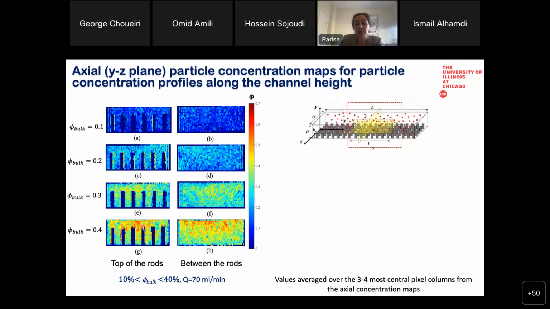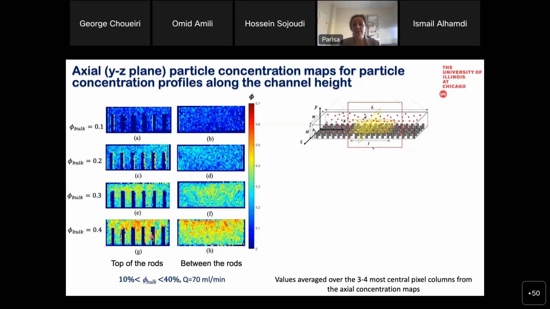It should be mentioned that when you have a smooth channel, other researchers have already shown that, due to the shear induced migration, all the particles gather in the middle of the channel.